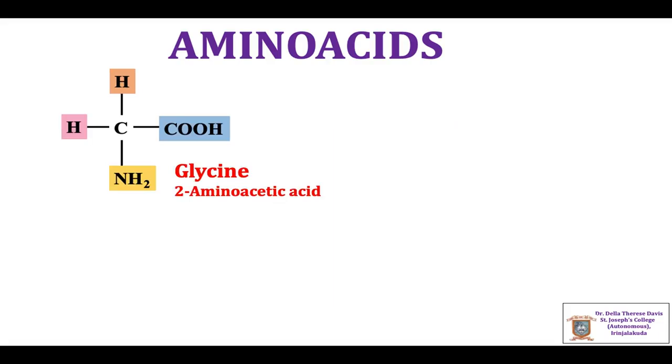The simplest amino acid is glycine. It is otherwise called 2-aminoacetic acid. In glycine, the R group is the simplest hydrogen atom. So, the 2 valencies of carbon are satisfied by hydrogens, one by carboxylic acid group and other by the amino group.